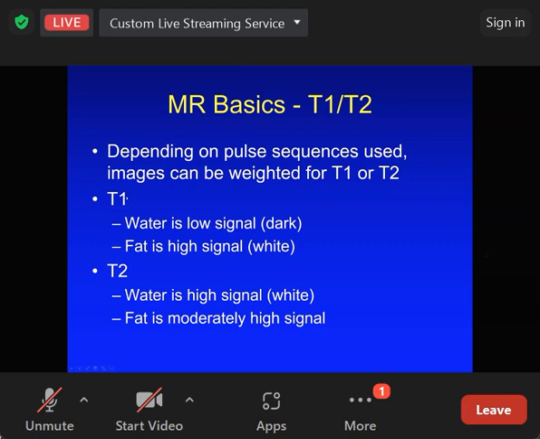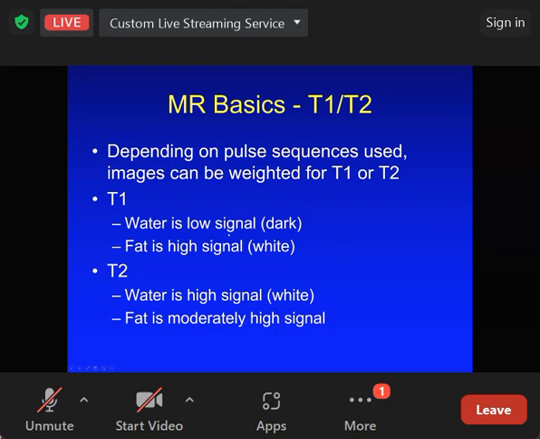So T1 is a time constant which depends on how the signal rises when the protons are excited, and the most important thing to realize about T1 sequence is that water is always dark, low signal.